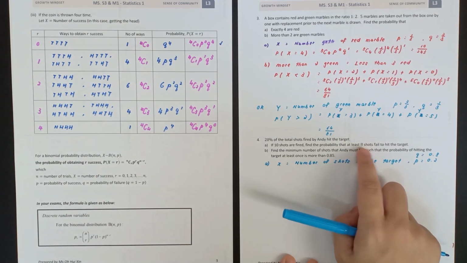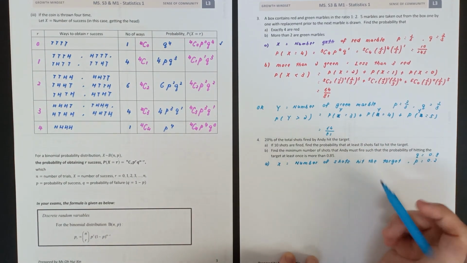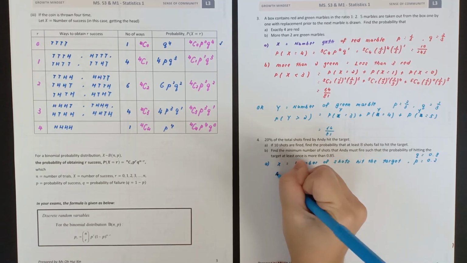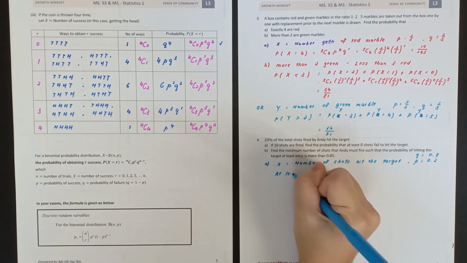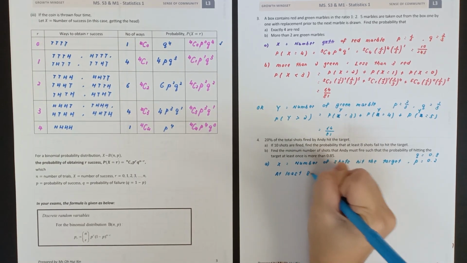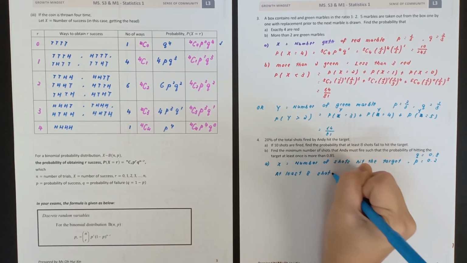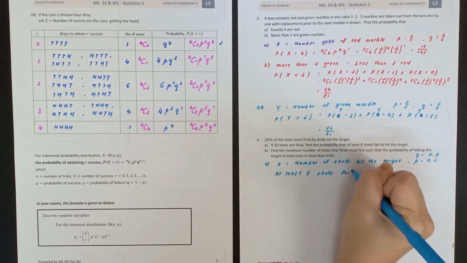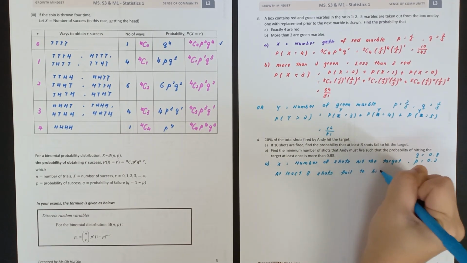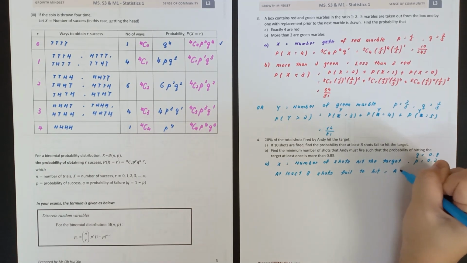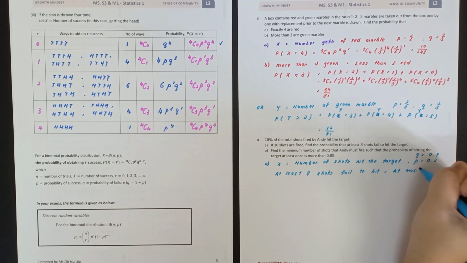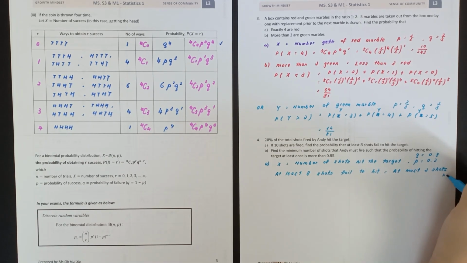So at least 8 shots failed to hit the target is basically equal to at most 2 shots hit the target.